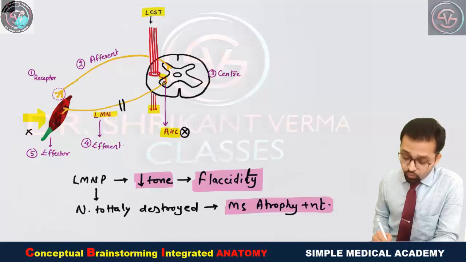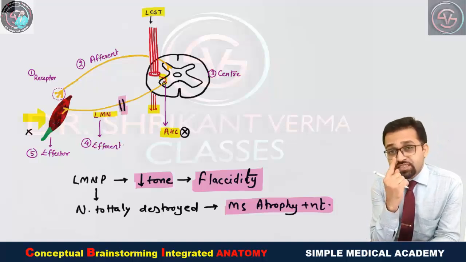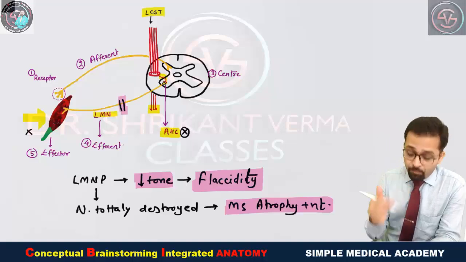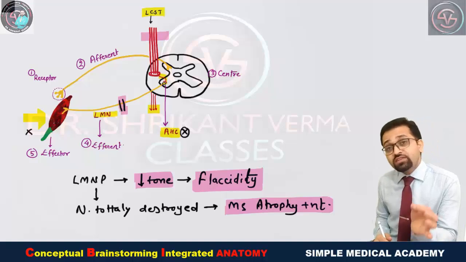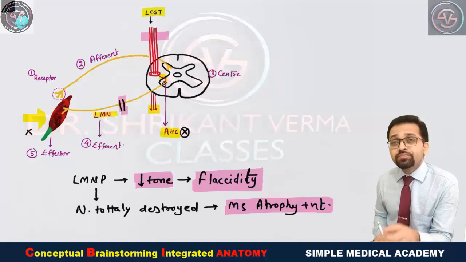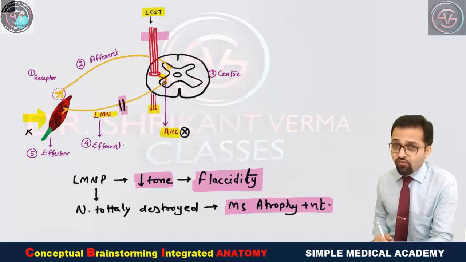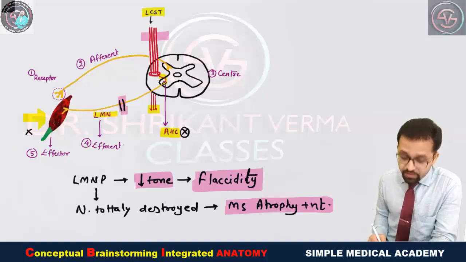And you can see one more point, that one particular nerve is damaged, so a single muscle is involved, while in upper motor neuron paralysis all different kinds of nerves along with the extrapyramidal tract were involved. That's why groups of muscles were involved, but here a single muscle is involved. Okay, now try to identify other features.